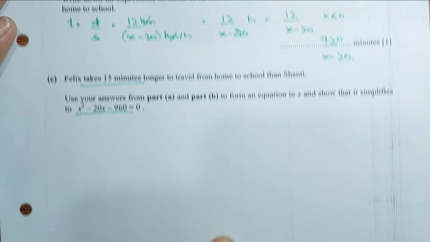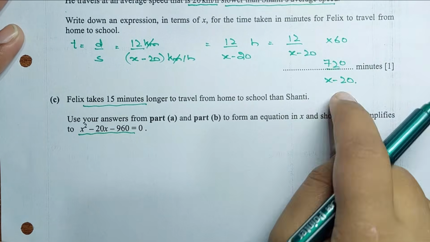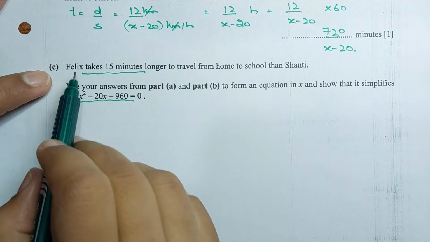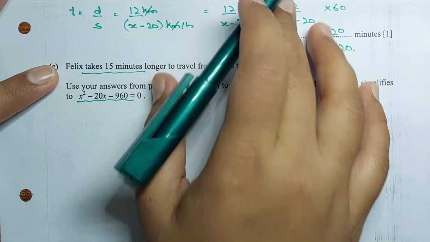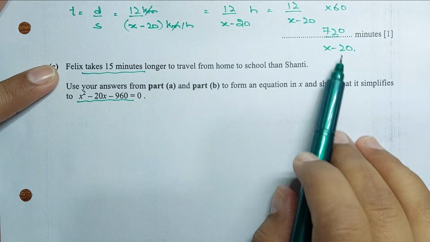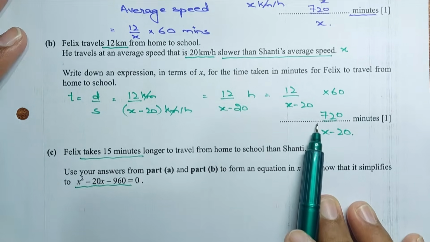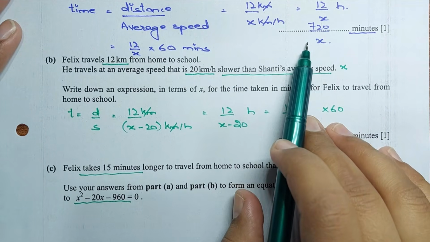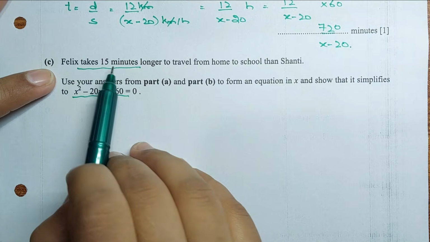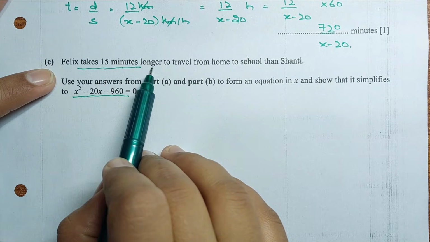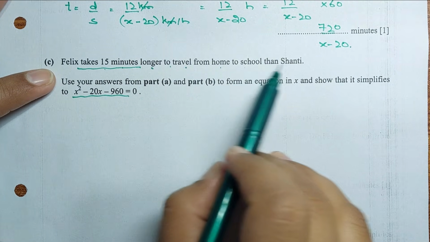We have the time for Shanti and Felix. These are the times in terms of minutes, right? This is the time Felix takes, and this is the time Shanti takes from home to school.